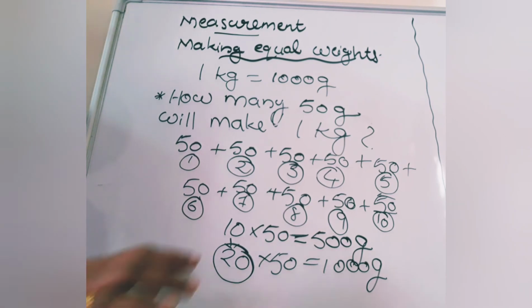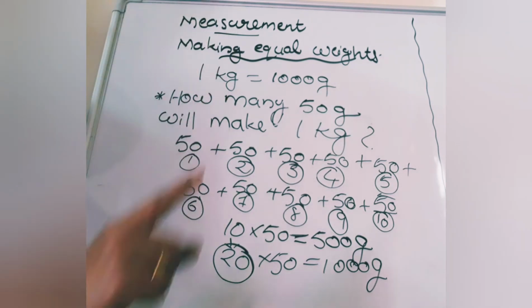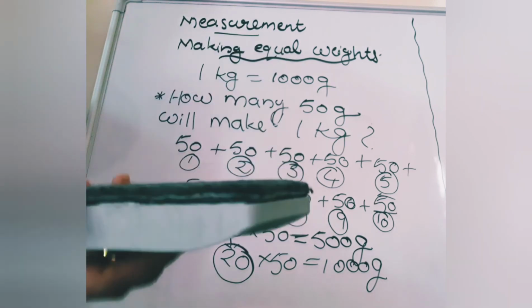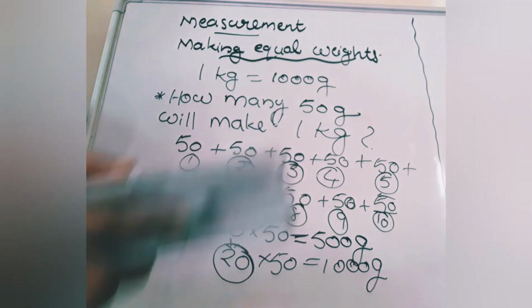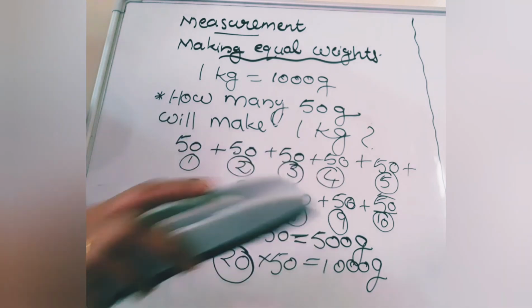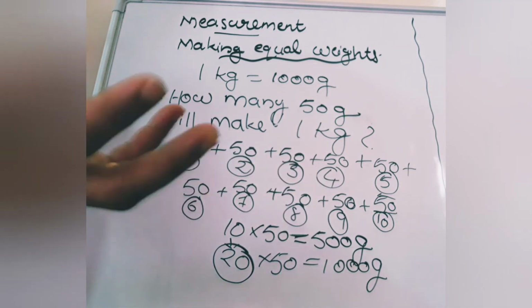Then he will match it by balancing. If the balance is straight, that is equal. So at that time, if a 1 kg weight is not with him, he will take 2 times 500 gram weight. He will put 1, then 1 more he will put. Then it will be 1 kg weight.